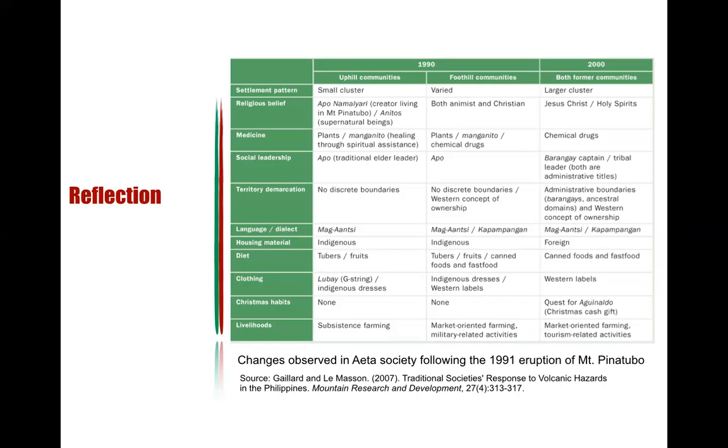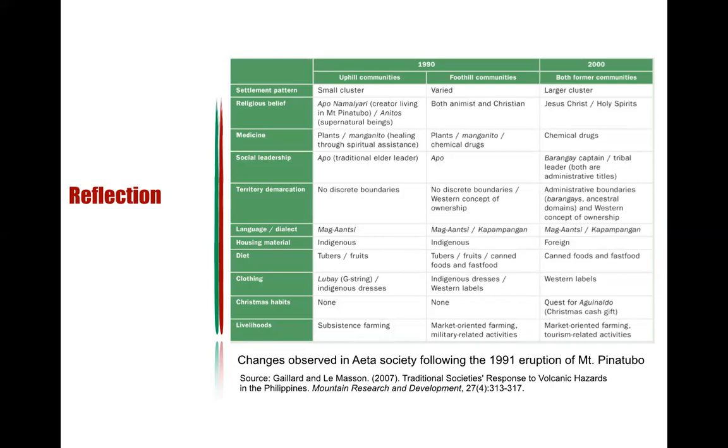There is a study by Gaylord and Lee Mason in 2007. It looks at the response of Aita communities in Pampanga to the volcanic eruption.